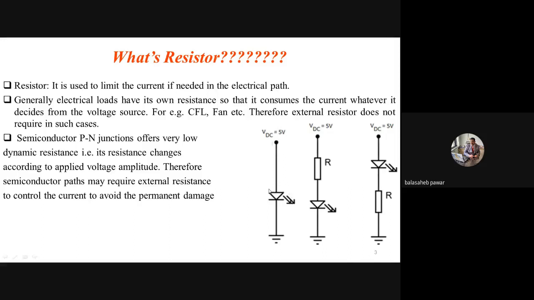Just replace this LED in terms of its resistance, with the zigzag symbol of a resistor. And as I already told, this DC power supply is supposed to be 6 volt, which is operated from our regulated power supply, with 6 volt and 2 amperes as its maximum current providing capacity.